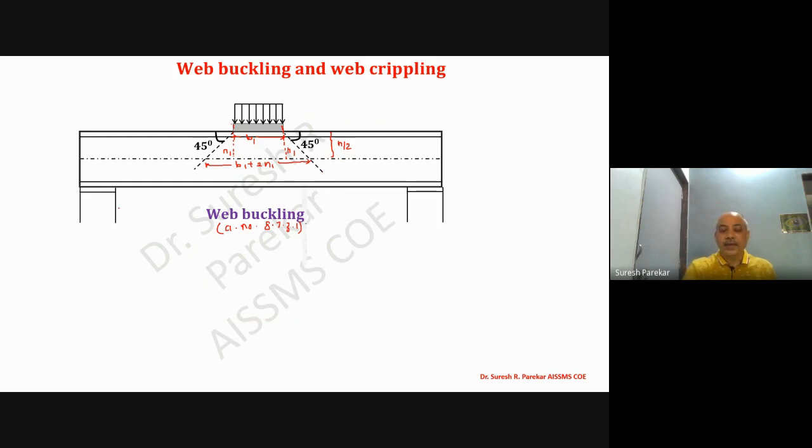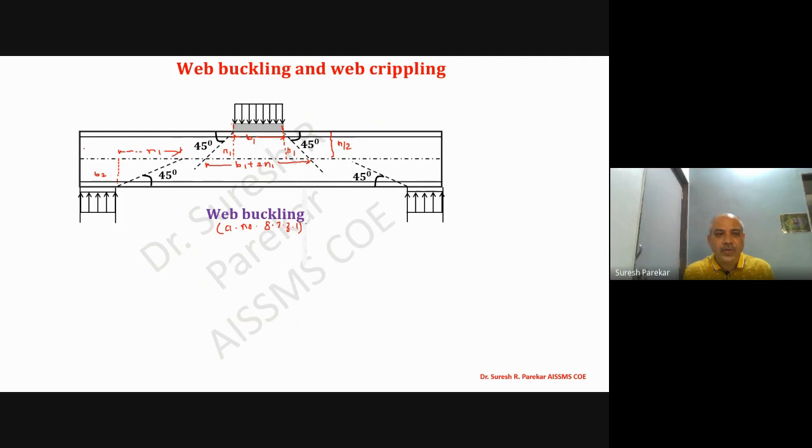Now at the end also we are going to have a reaction, and that is over some length, so it can be considered as uniform, and here also we are going to get the value at 45 degrees. Now here you can see you again have this width as B2, and then we have this as N1.